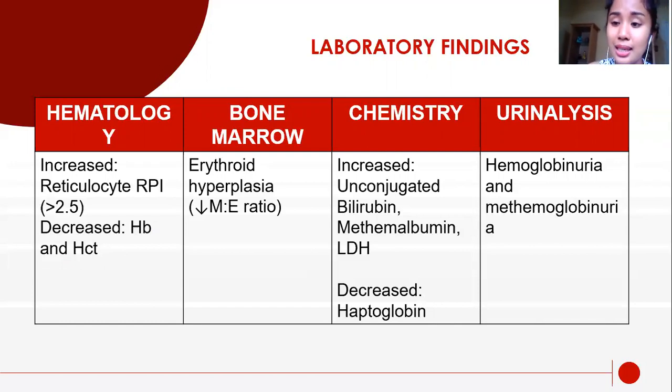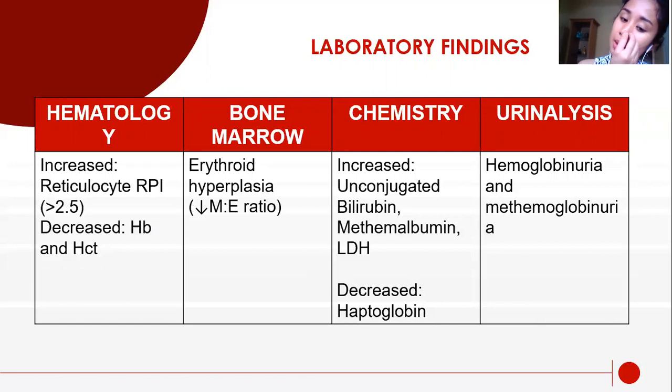So, since there is increased breakdown of red blood cell, ikina-convert siya sa unconjugated bilirubin, mataas po. So, in hemolytic anemia class, lactate dehydrogenase, LDH is found inside your red blood cell. So, if there is increased hemolysis, methemalbumin, yan. Pakibasa na sa notes niya yan.